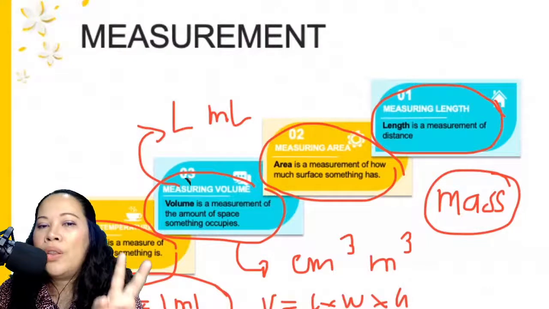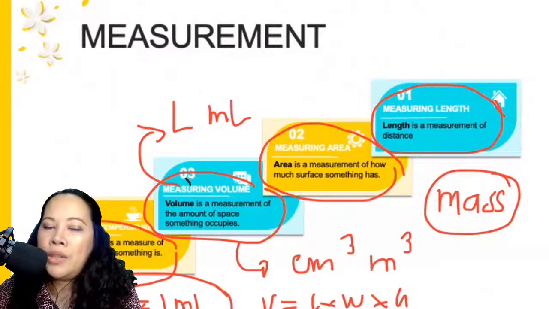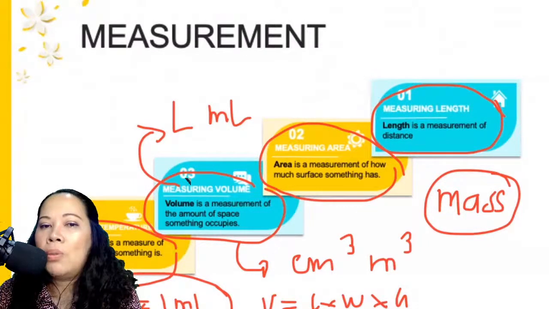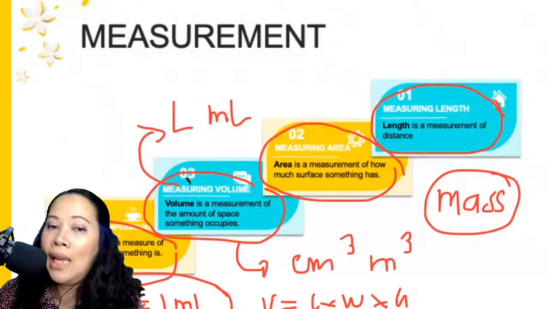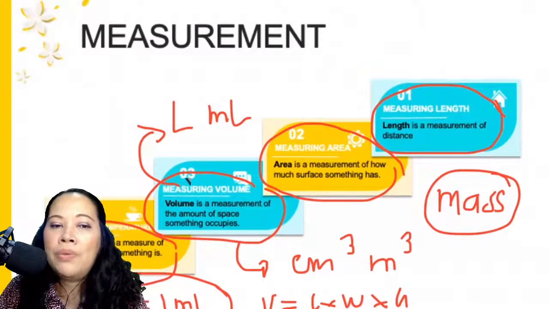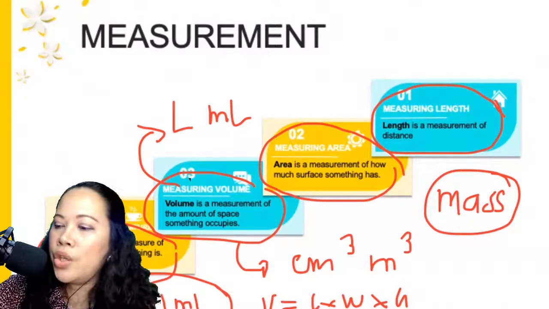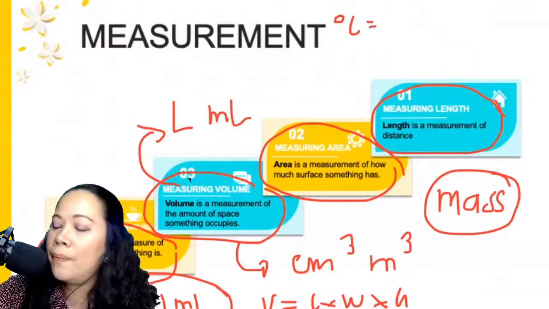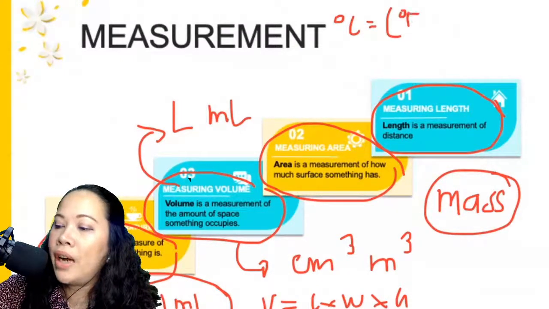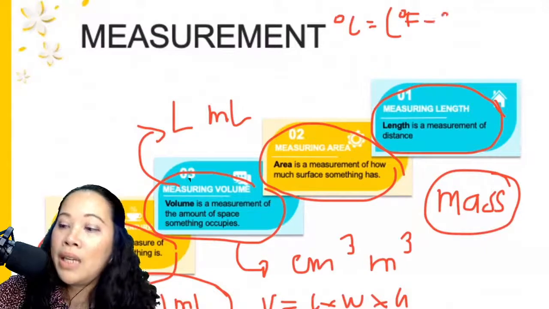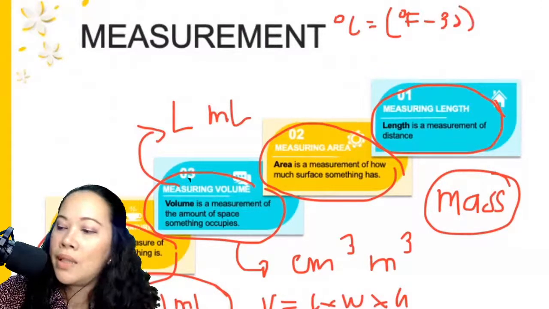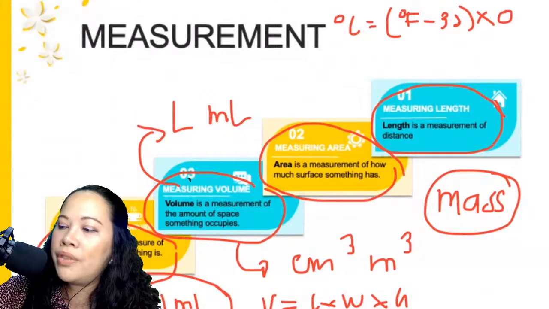So temperature, there are two. Actually, there's three, but the ones that are commonly used are Fahrenheit and degree Celsius. So there is a conversion between Fahrenheit and degree Celsius. If you wanted degree Celsius, given Fahrenheit, it is degree Fahrenheit minus 32 times 5 over 9, or 0.56.